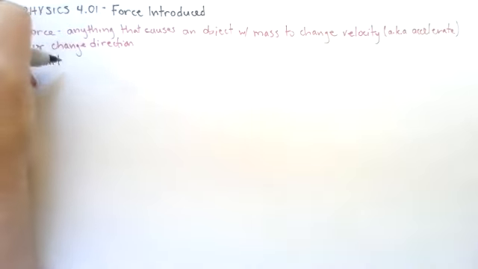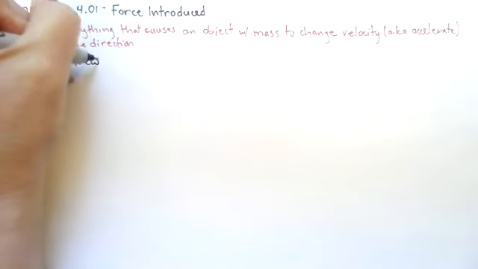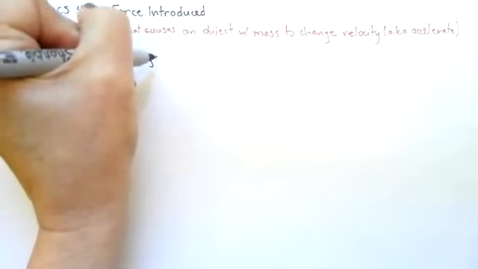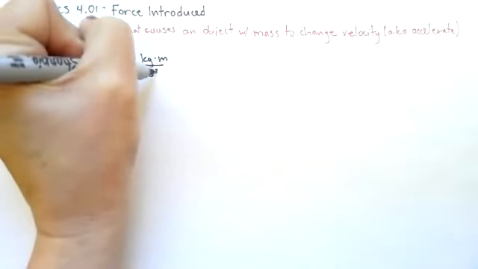So some background. The unit is called a Newton. And that's actually shortening up, it's a derived unit. It equals a kilogram times a meter over a second squared.